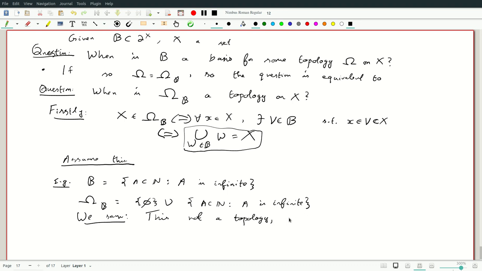Namely, there exist V1 and V2, for example prime numbers and even numbers, in omega B such that V1 intersection V2 is not in omega B. So just a random collection will not form a basis for a topology.